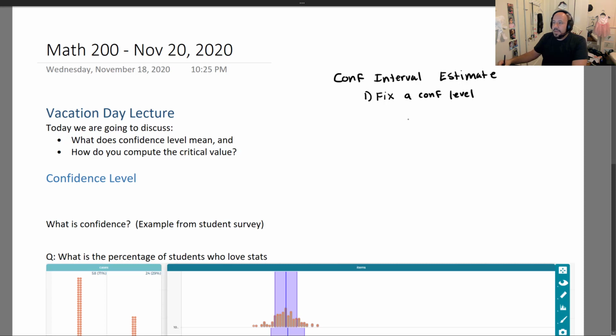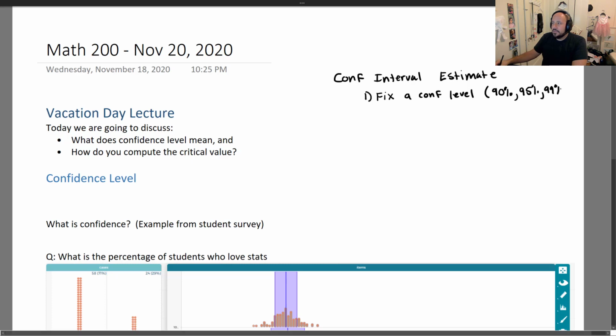Some examples of confidence levels are a 90% confidence, a 95% confidence, and a 99% confidence. And once we fix that confidence level, we build an interval estimate.